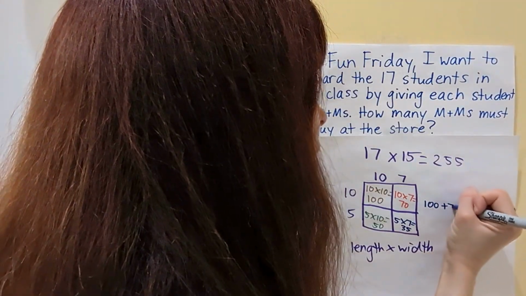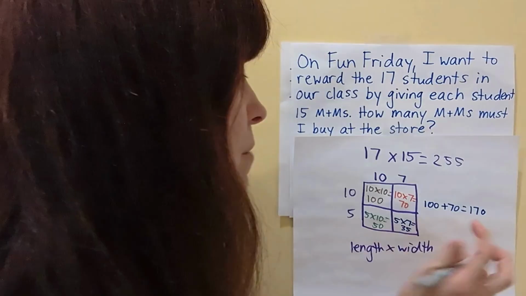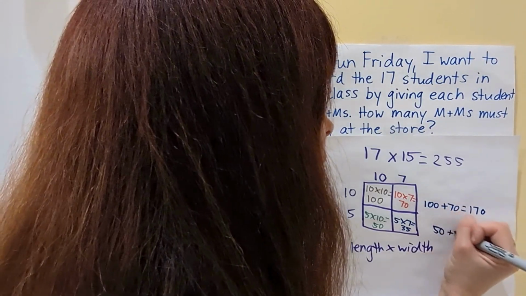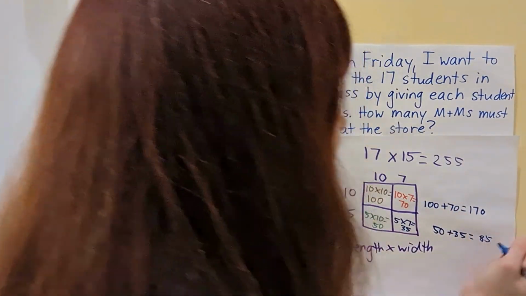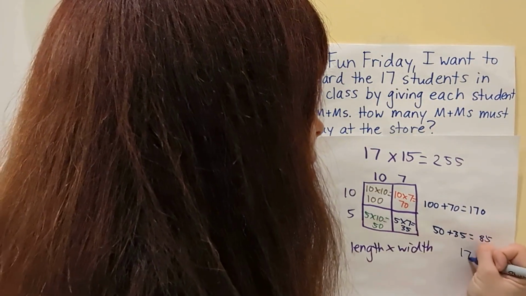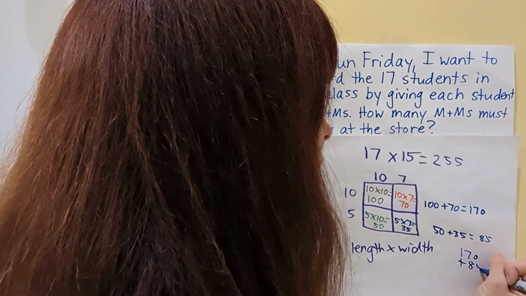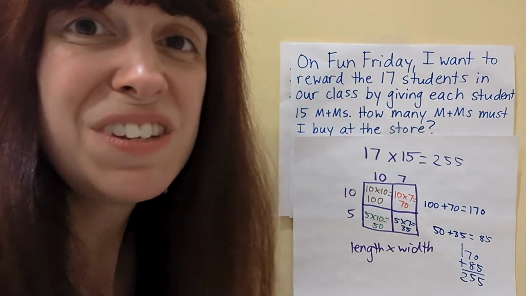So 100 plus 70 equals what? Shout it out. 170. And 50 plus 35. Shout out that answer. 85. Are we done? Oh, Jessie says we need to add these two together. So if we add 170 plus 85, we get 255.